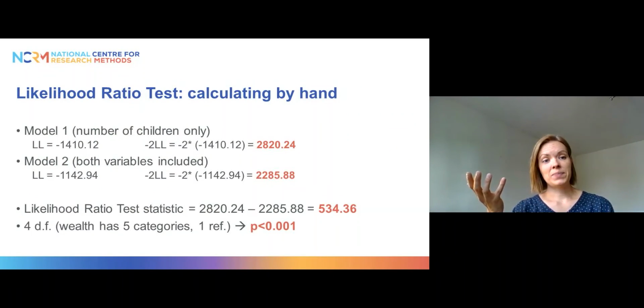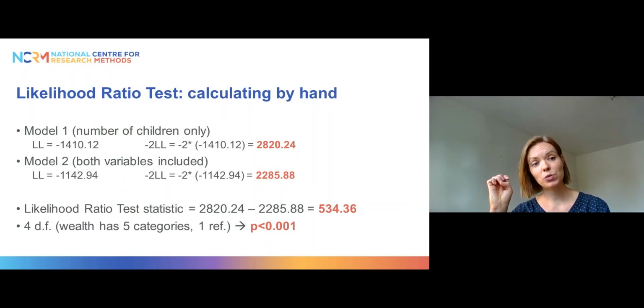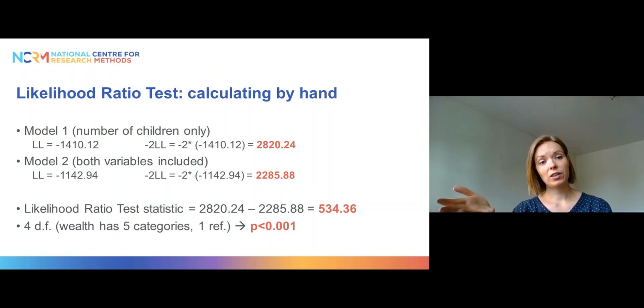Here are the results if we calculate by hand. So the log likelihood value for model 1, the one that only has number of children, is -1410.10. If we multiply that by -2, we get 2,820. For model 2, the -2LL value is 2,285.88. If we calculate the difference between these two, we get 534.36.